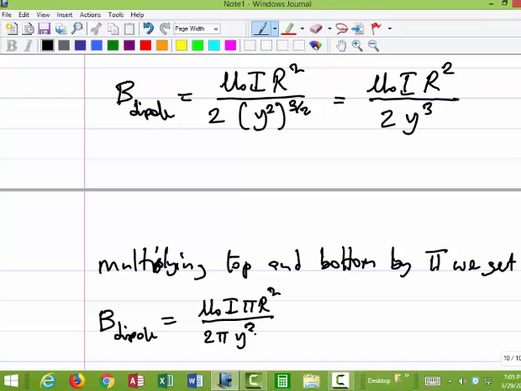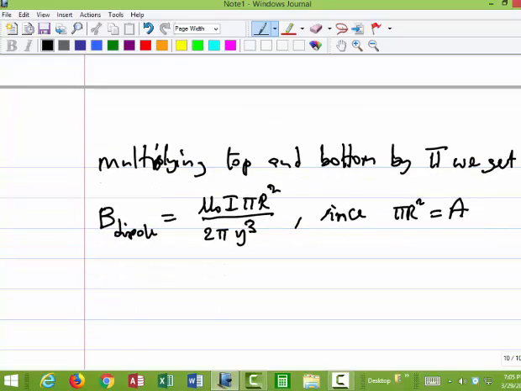Since pi r squared is the area of the loop, B dipole is equal to mu naught I times area divided by 2 pi y cubed.